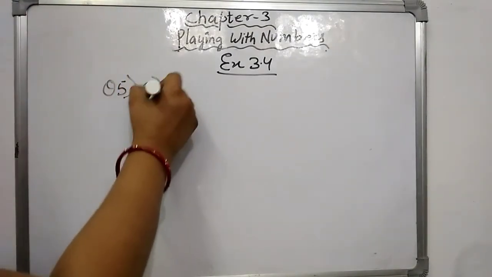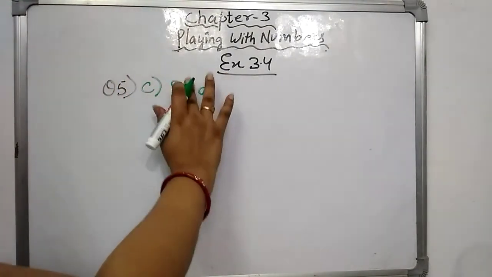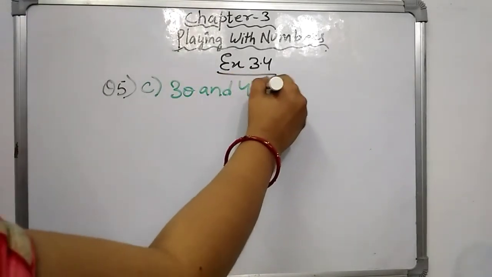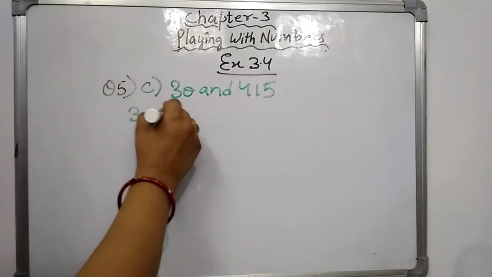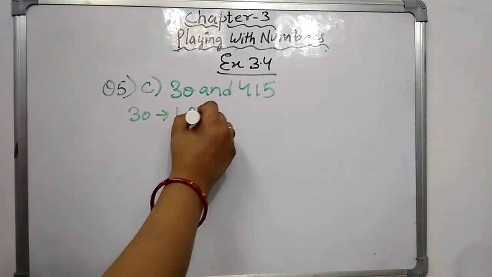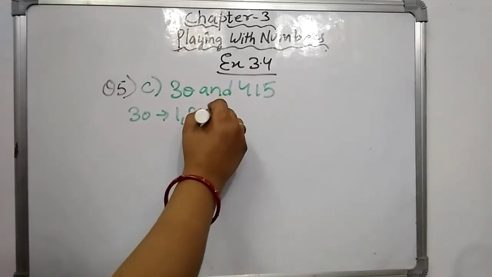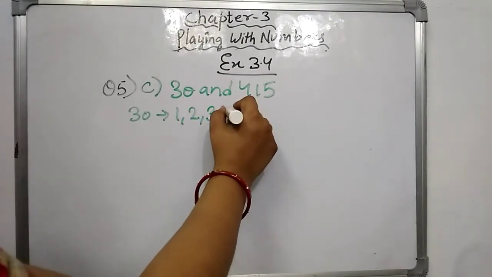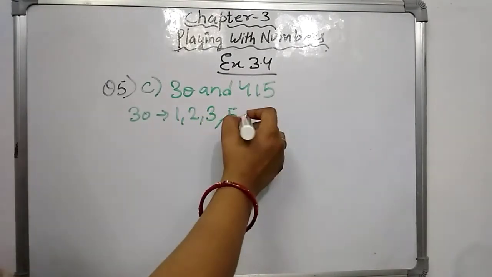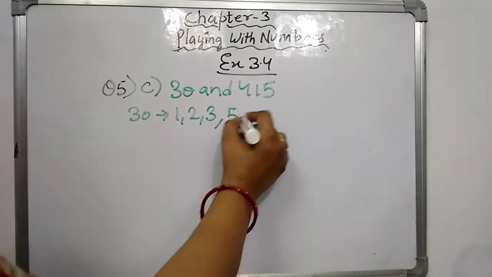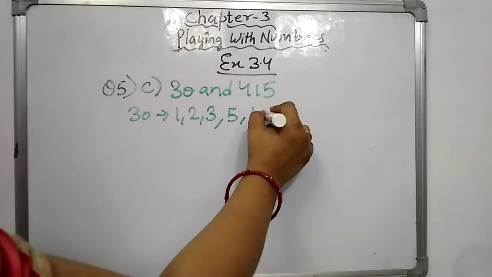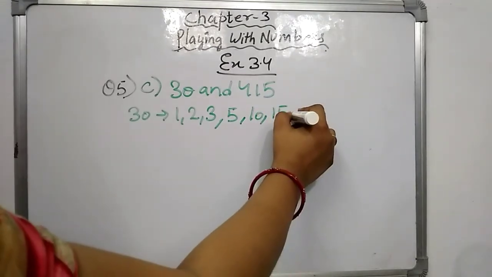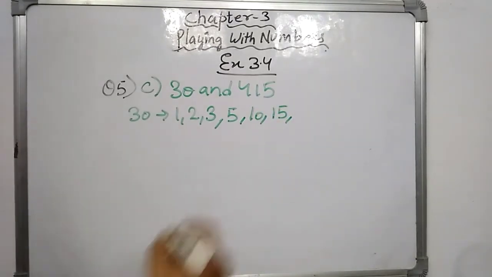Next is 30 and 415. Write down factors of 30: 1, 2, 3, 5, 10, 15 and then 30.